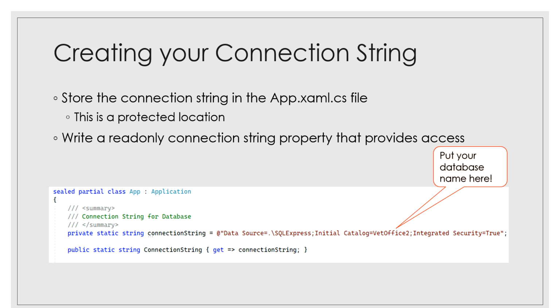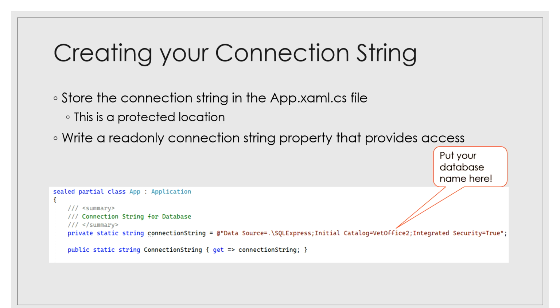You're safe that way. There's no confusion, there will never be more than one app object. So it's a great place to put something like this, where we want this connection string available everywhere, but we only want one copy of it to exist in the application. So we'll put it in the app object itself. As a singleton, we're guaranteed to be safe that way.